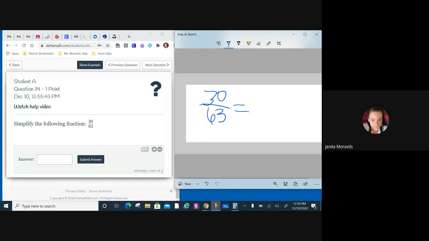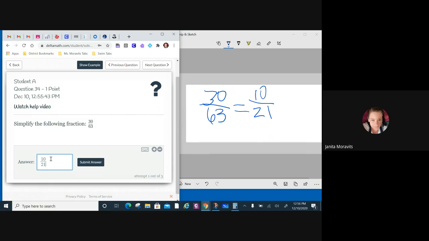Well, an easy one you can see is the 3, because 3 will go into 30 10 times. 3 will go into 63 21 times. Now, I don't think you can reduce it any further because there's nothing in 10 or 21 that would come out. So we're going to say that it is fully reduced at 10 over 21.